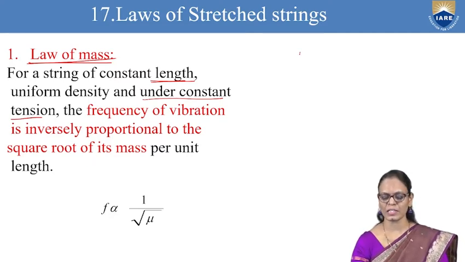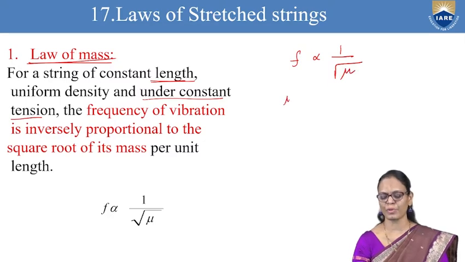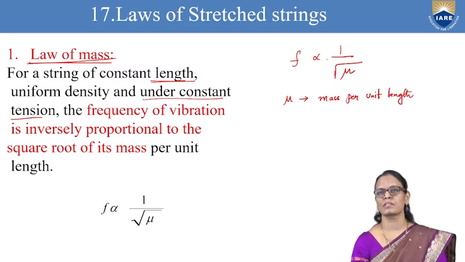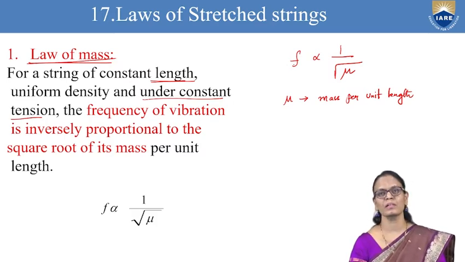So the frequency is inversely proportional to the square root of the mass per unit length. When I say mu, mu here represents the linear density or the mass per unit length. So what does this relation tell us? If the linear density is more, the frequency will be less.